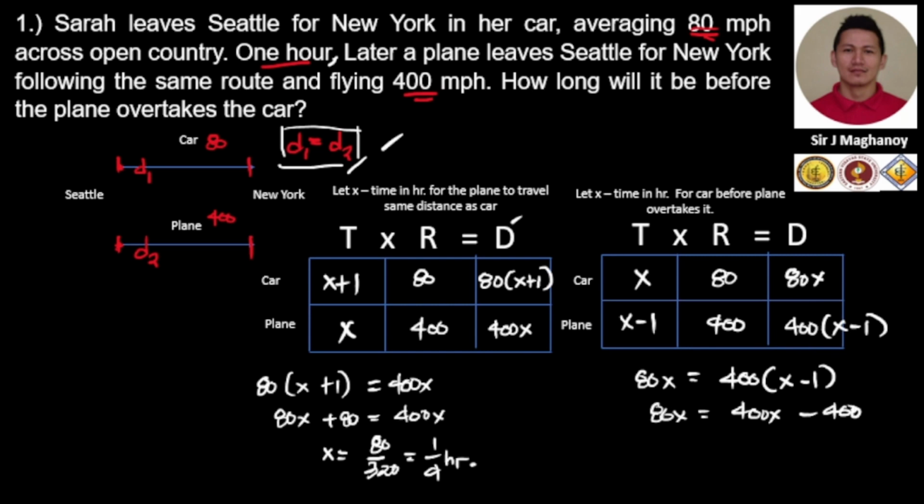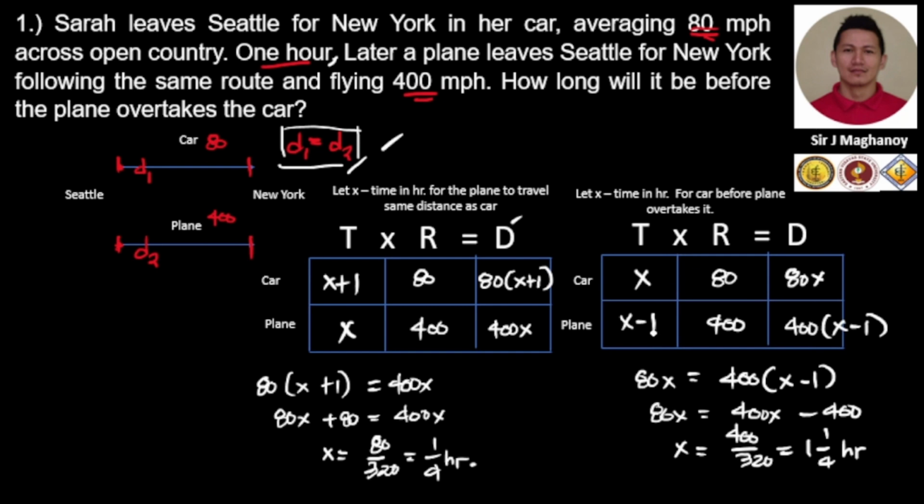We transpose negative 400 to the other side and 80x to the other side. So this will become 320x. Therefore, our x is 400 over 320, which is 1 and 1/4 hour.